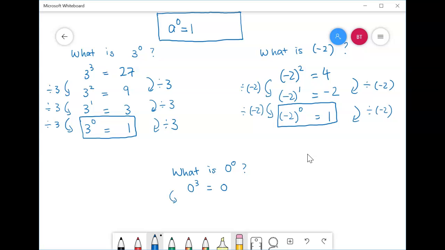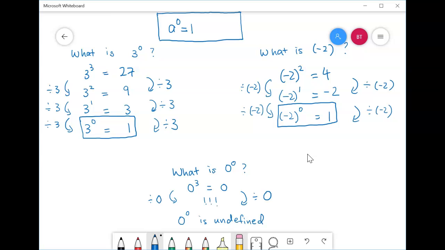So I would have to be dividing both sides by the base 0 to the power of 1. But herein we have a problem. If we divide by 0, we are using an invalid operation. We cannot divide a number by 0. And so we conclude that 0 to the power of 0 is really just undefined.